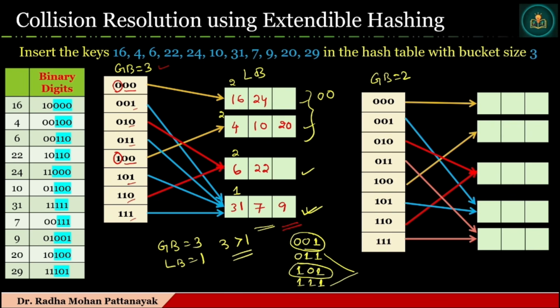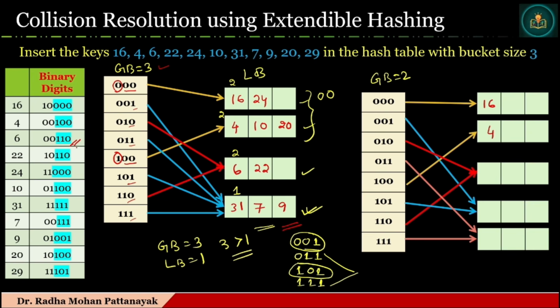I hope understood. Then after doing this, we will consider the same 3 LSB bits to store the elements inside the local buckets. So let's see. For 16, the LSB bits are 3 zeros. So put 16 here. Then for 4, LSB bits are 100. Put 4 here. For 6, the LSB bits are 110.